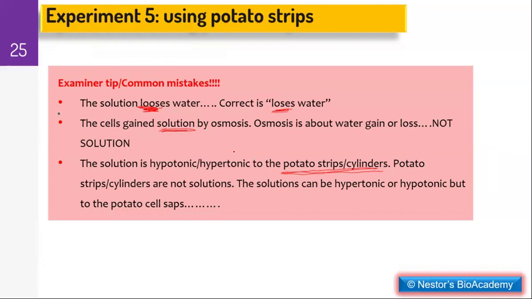Instead, the cells making up these potato strips have inside them the cell sap, which contains fluids representing solutions there. That's why we always say the solution is hypotonic to the potato cell sap. The solution is hypertonic to the potato cell sap, but we don't say the solution is hypotonic or hypertonic to the potato. So again, that is important to understand.